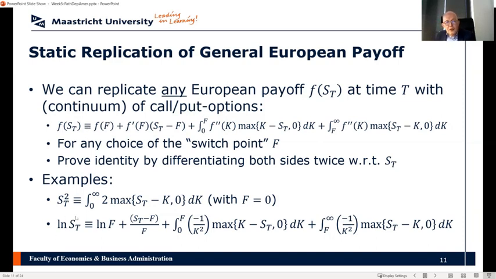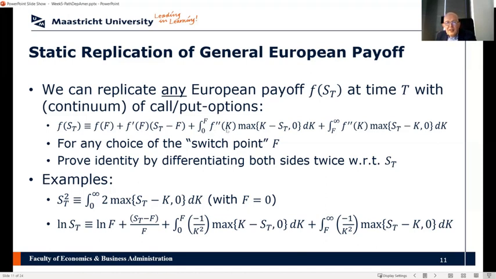And another type of contract, if I want to replicate the logarithm of the stock price, then I basically substitute into this formula here. So I take the logarithm at the forward point, then I take S minus F times the derivative of the logarithm, which is 1 over F evaluated at the point F, so that's this term here.